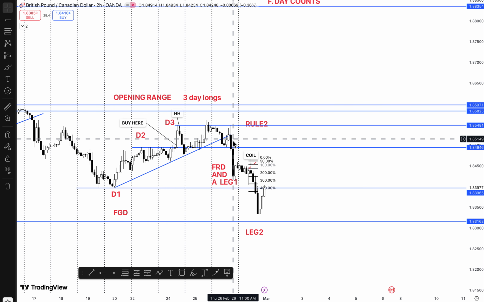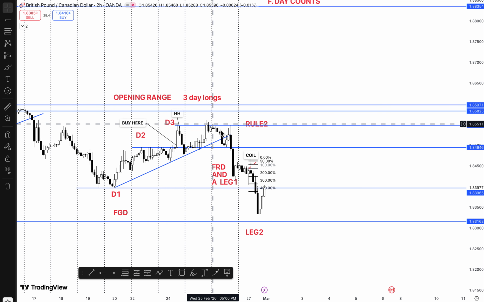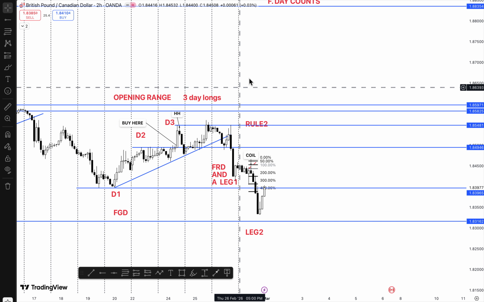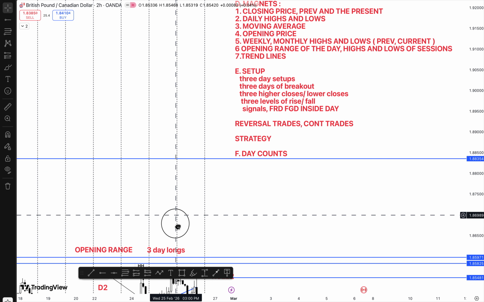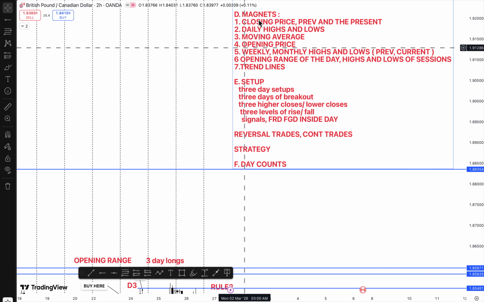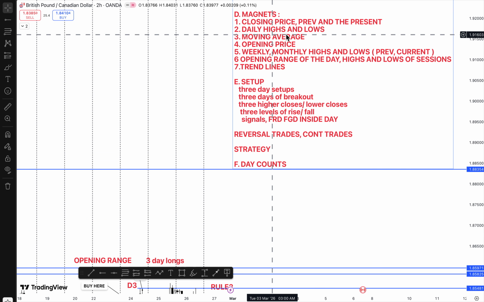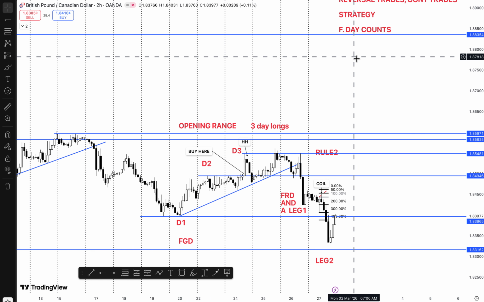Now you can see here the market breaks down in Asia, pulls back in London, takes out Asia high, previous closing price. Think of your entry point as last night's close. So the indicator will help you identify your closing price, your daily highs and lows, your moving average. For now, I'm using a blank chart.